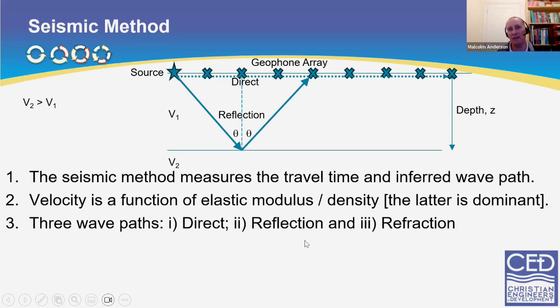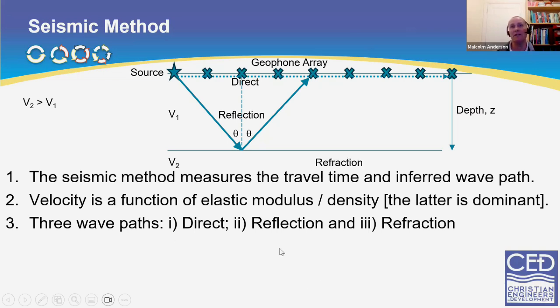Because it's a reflection, they're symmetrical about the point of reflection. And so if I measure the reflection at this geophone here, then I know that the point where I reflected is half the distance between me and the source. So that's at this position here. And from that, and from the travel time, we can then calculate the depth because you've got a triangle which allows you to do that.